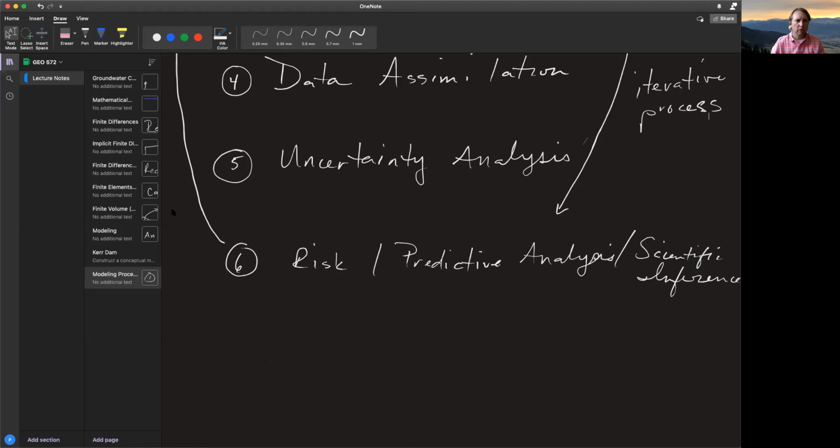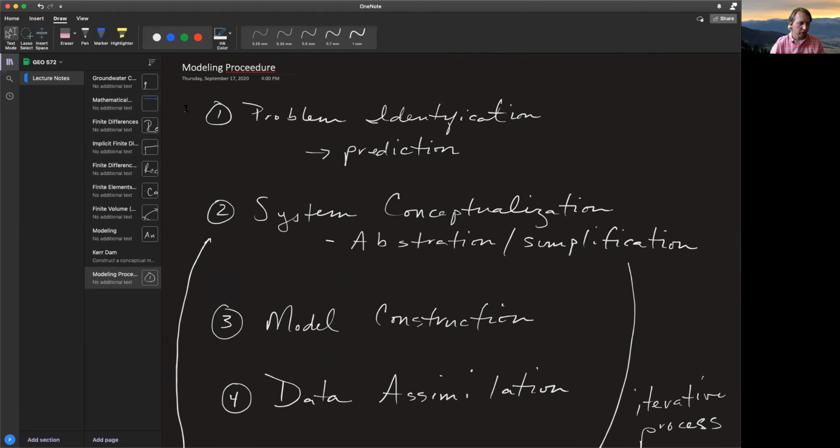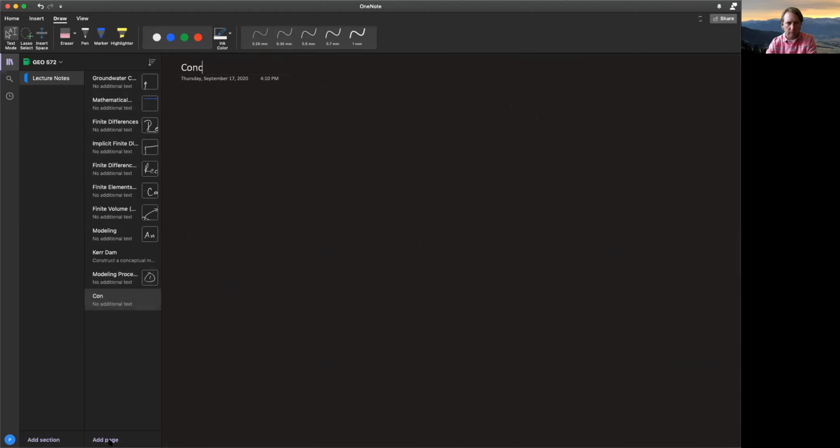Okay, so we're going to focus in here on this conceptualization and conceptual model. So I want to have a good discussion about how we build models and how we go from the very complicated real world to creating a model that's useful for us to understand or answer a question.